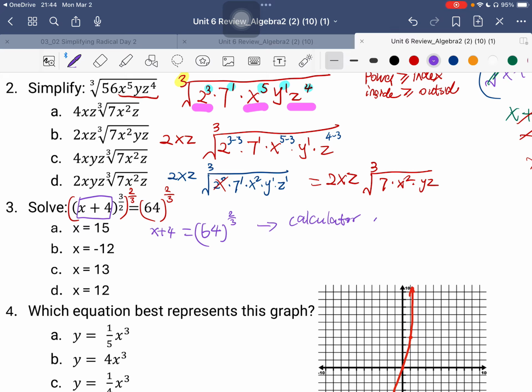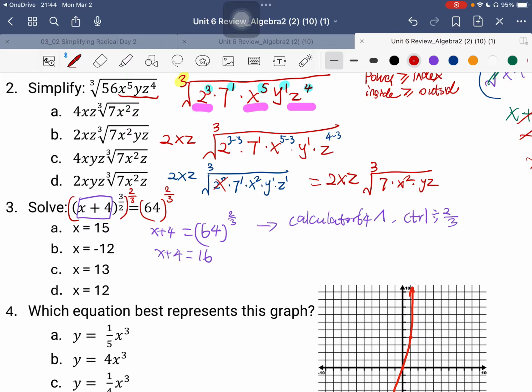So you're typing 64, caret, 2, divide, 3. So it'll give you x plus 4 equals, this should be 16.